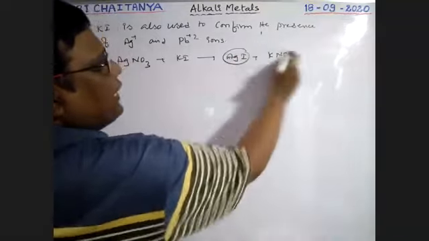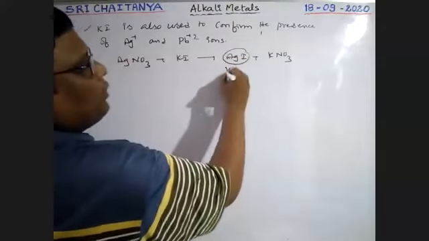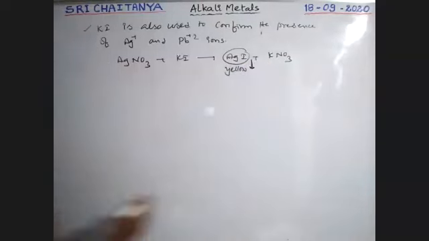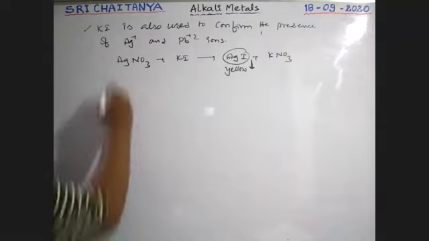This AgI is a yellow colored precipitate, boys. That means the formation of yellow color when added with potassium iodide confirms silver ion.